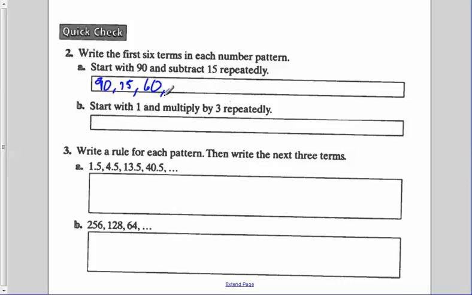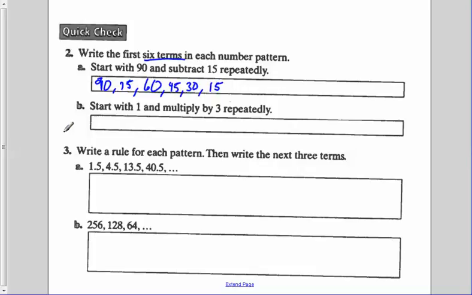I subtract 15 from 60, and I get 45. I subtract 15 from 45, and I get 30. I need commas between those, and I need to find the first 6 terms. So I've got 1, 2, 3, 4, 5, and I do one more. I subtract 15 from 30, and I get 15.